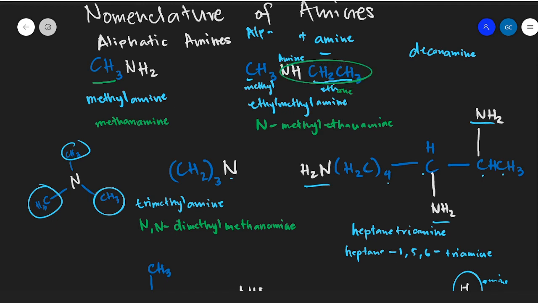So, itong ethane amine na to, ito yung kinonsider natin as ethanamine. Okay? Then, we just note that this methane or methyl is actually attached to our nitrogen atom here. Kaya ang ginawa natin, since siya ay nakakabit dun sa nitrogen atom natin, nilagyan natin ng N. So that N will correspond to the position mismo ng methyl natin. So kaya tayo nagkaroon dyan ng N-methyl ethanamine.